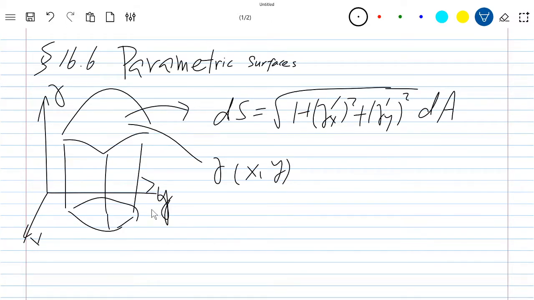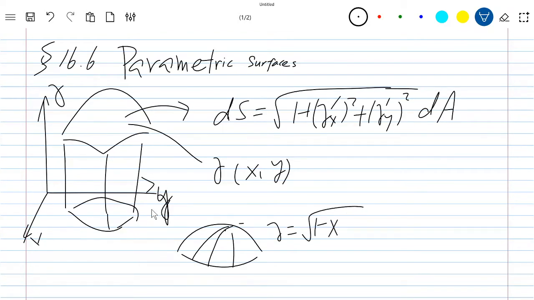However, it's not always the most convenient representation of a surface. For example, for a sphere, you can write z as the square root of 1 minus x squared minus y squared. But if you want to integrate, you would probably prefer the theta phi coordinates.